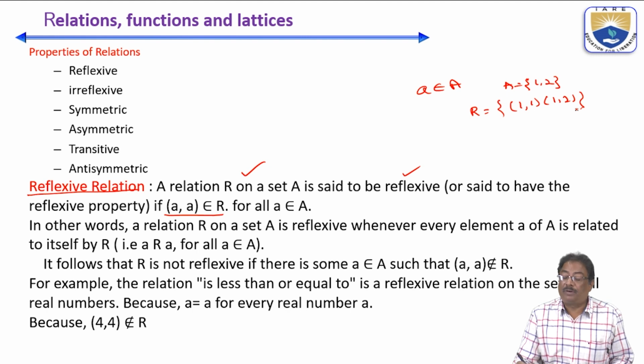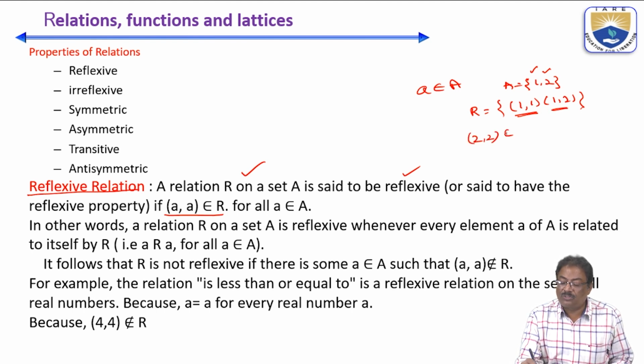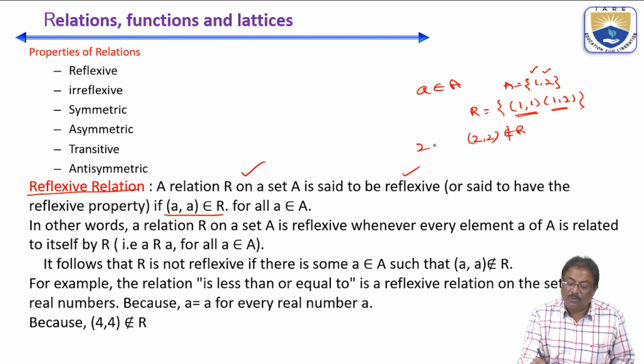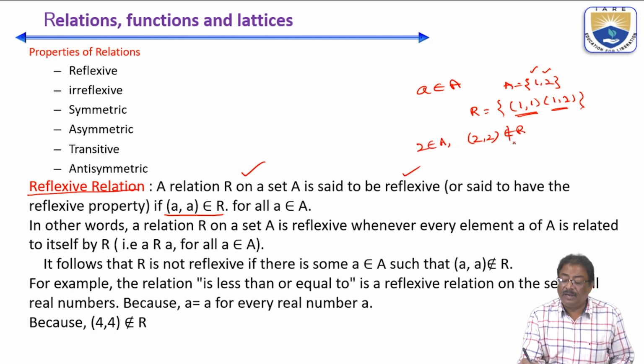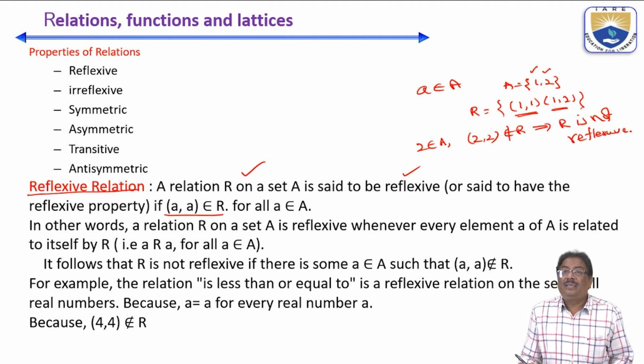Here for the element 1 belonging to A, (1, 1) belongs to R, whereas for 2, (2, 2) does not belong to R. So 2 belongs to A, but (2, 2) does not belong to R, so R is not reflexive.